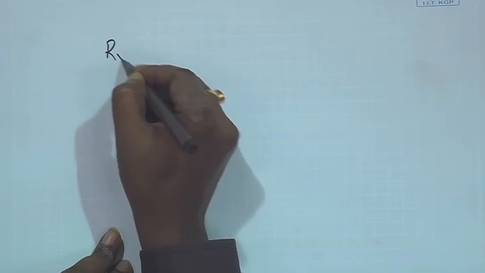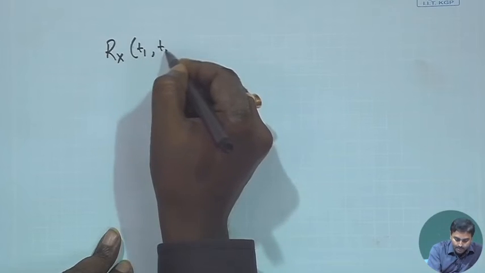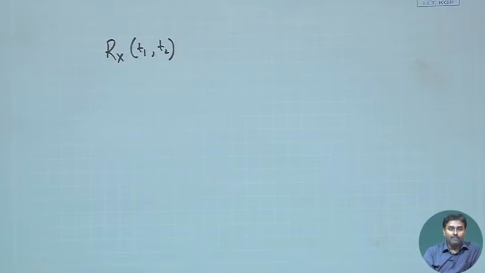So, for the second one, what we have to do is something like this. We have to evaluate Rx, T1, T2. So, at T1 I will be taking a value of this particular signal, and at T2 I will be taking a value of that signal, and then we have to do ensemble average over whatever random variation we have, that theta.